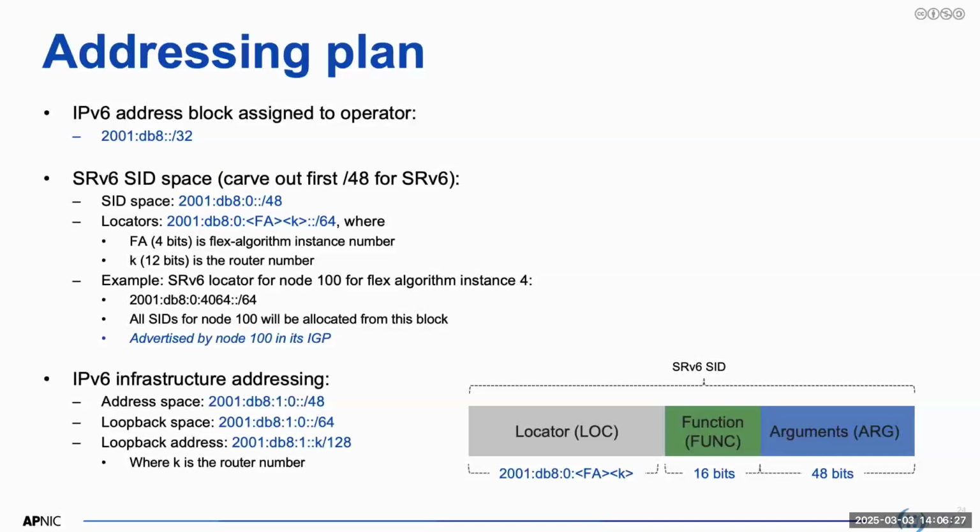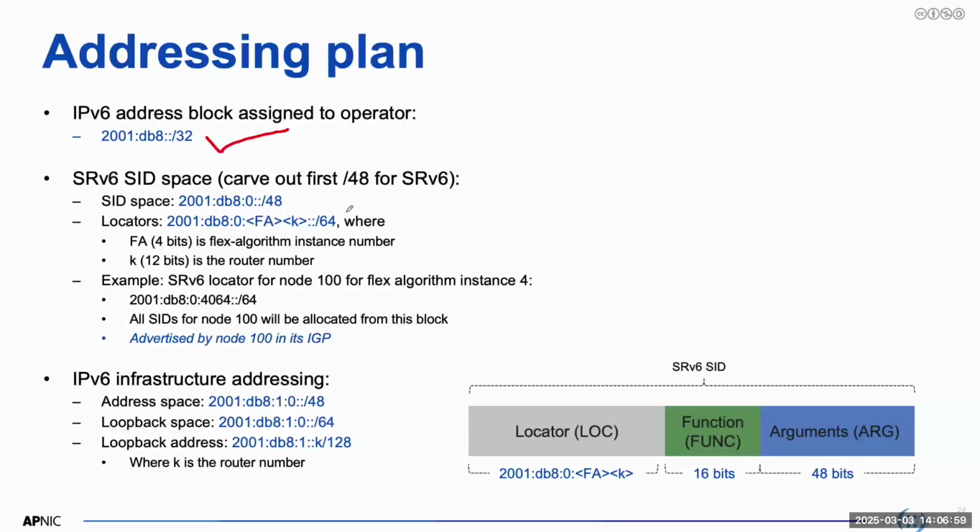Before we go to the use cases, I want to touch on the addressing plan. As we are saying, this needs support for IPv6. So within our addressing, we need an addressing plan which supports the segment routing implementation. Say you are an ISP or an enterprise and you have received a /32 address block from your regional internet registry like APNIC, then you need to come up with a plan.